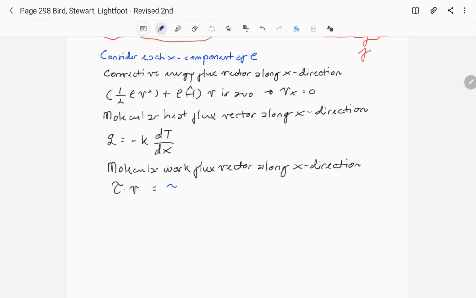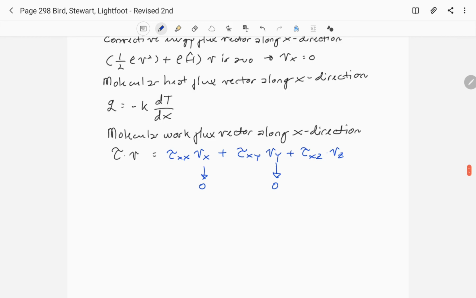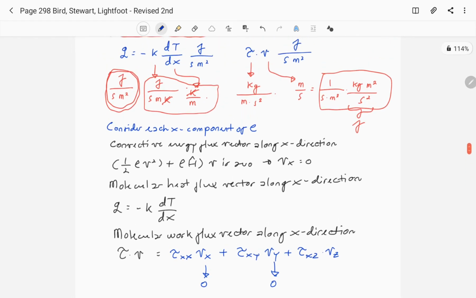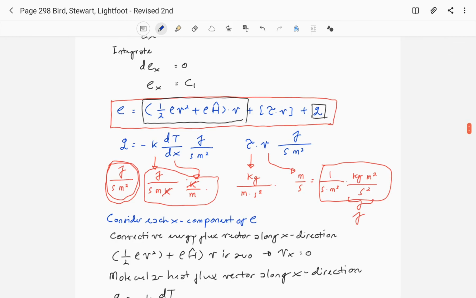Okay, so this one is tau xx Vx plus tau xy Vy plus tau xz Vz, and this one is 0 because we don't have a velocity in the x direction, and then this one is also 0 because we don't have a velocity in the y direction.